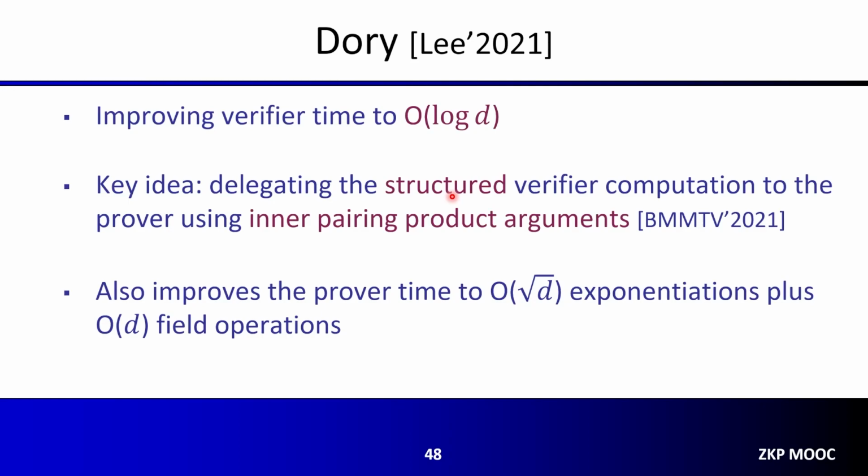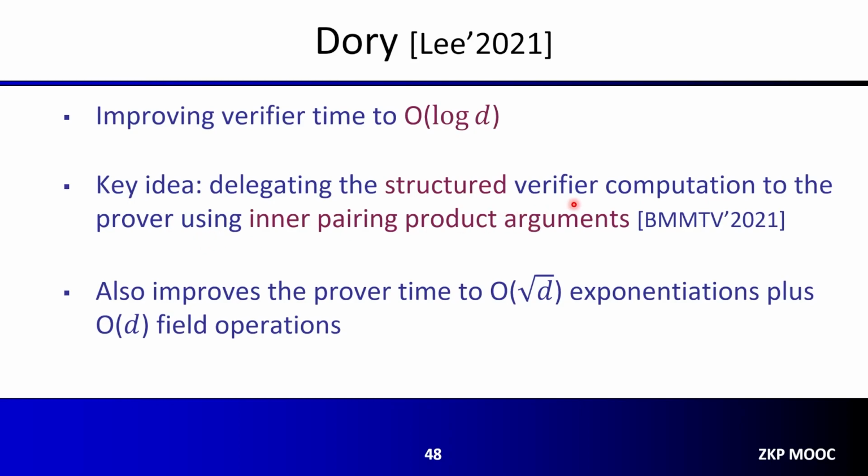Another very important paper for polynomial commitment is called Dory, proposed by Lee in 2021. And this is a very nice improvement over the polynomial commitment scheme based on Bulletproofs. The key contribution is to further improve the verifier time to only order of log d, without any asymptotic overhead on other parts. And the key idea of this Dory paper is to delegate the verifier's computation to the prover side.